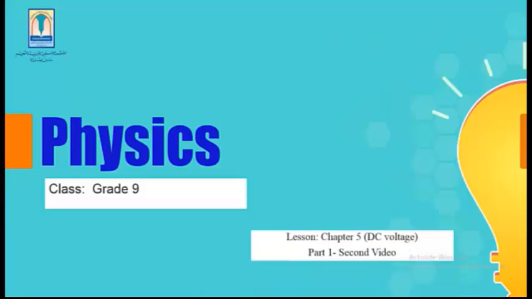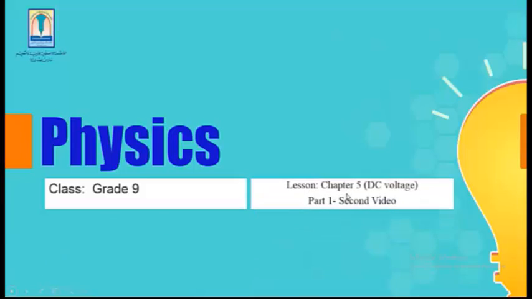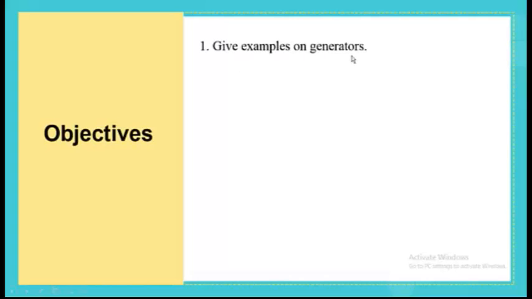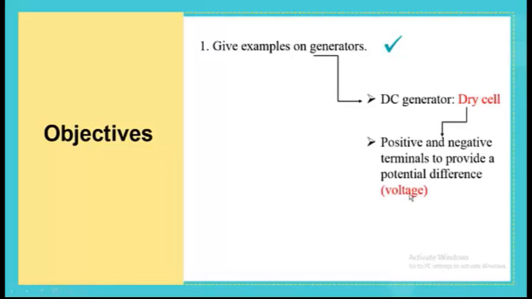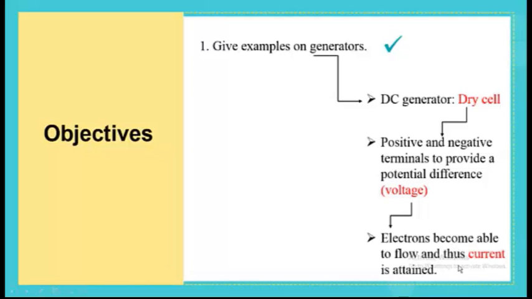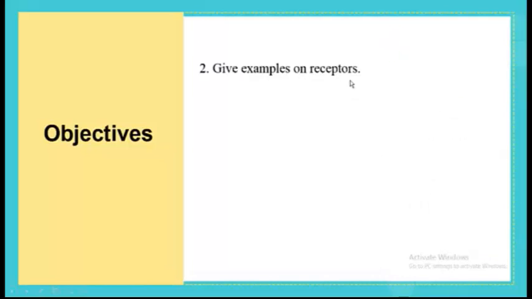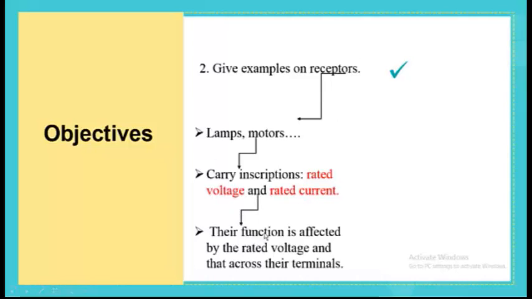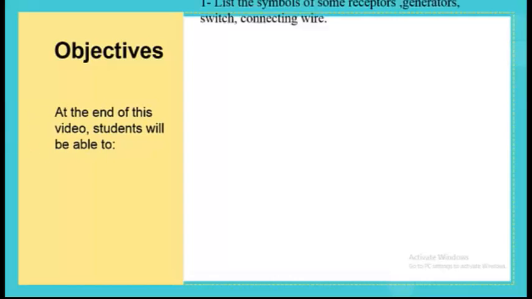In this video, we're going to continue the first part, which is about chapter 5, DC voltage. Concerning the objectives of the previous video, of this video, at the end, you will be able to.